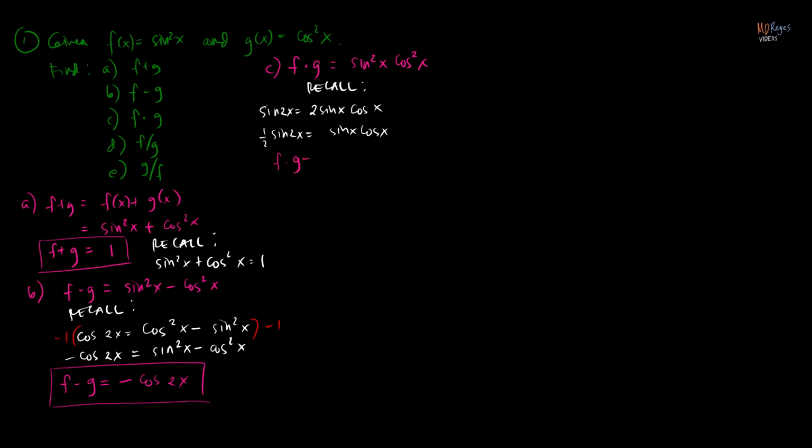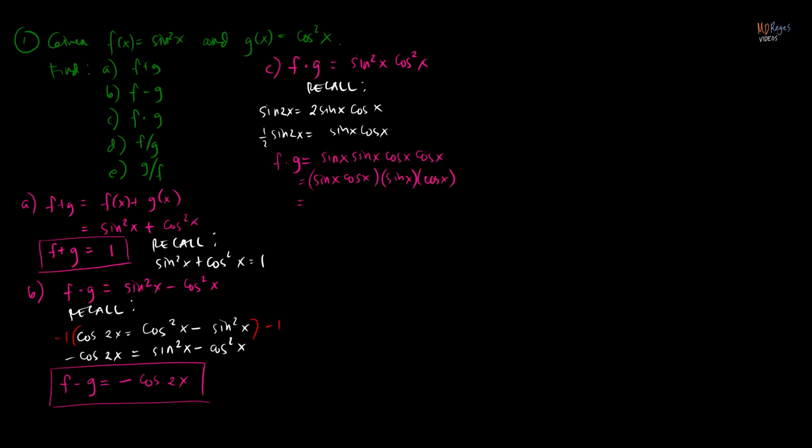So going back to f times g. Sine squared x is actually sine x times sine x, and cosine squared x is cosine x times cosine x. Multiplication of real numbers is commutative anyway, so we can write this as sine x times cosine x, and then another sine x times cosine x.